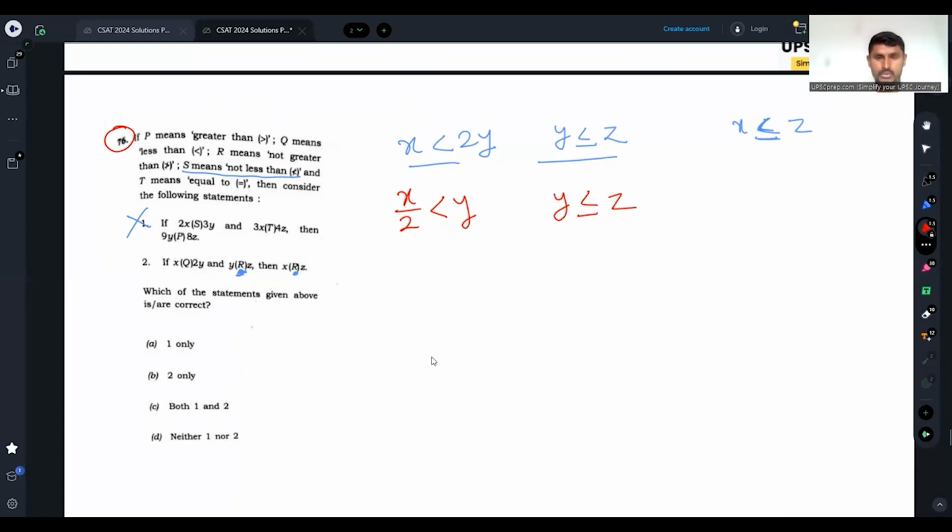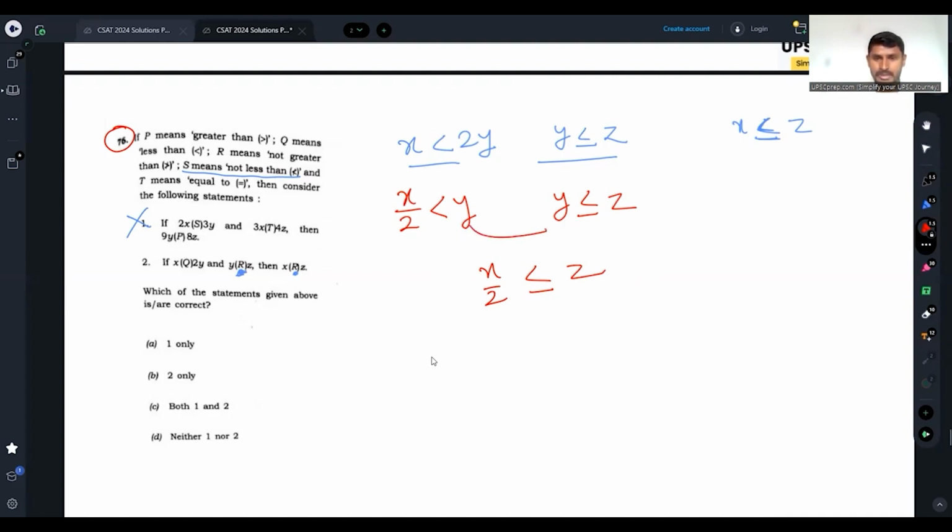Even if I put this statement together, if I put the value of y directly as x by 2, still x by 2 will be less than or equal to z, but it doesn't mean that x is less than or equal to z, right?